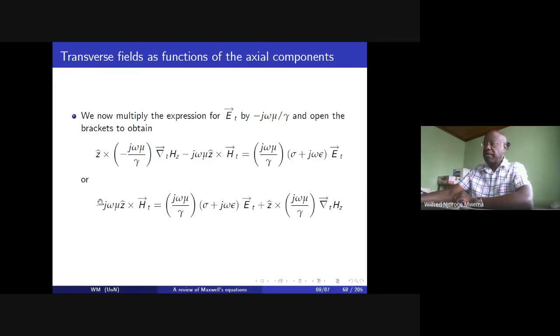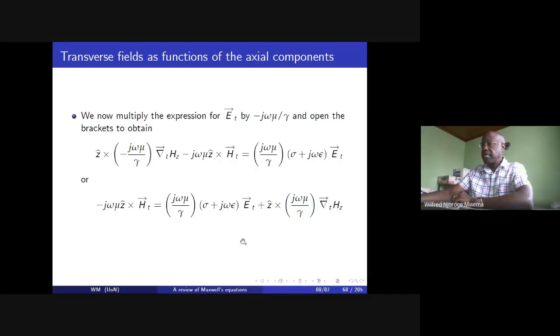So what we get is the following: minus j omega mu of z cap cross H of t is equal to that value plus z cap multiplied by that value and del t of H of z.